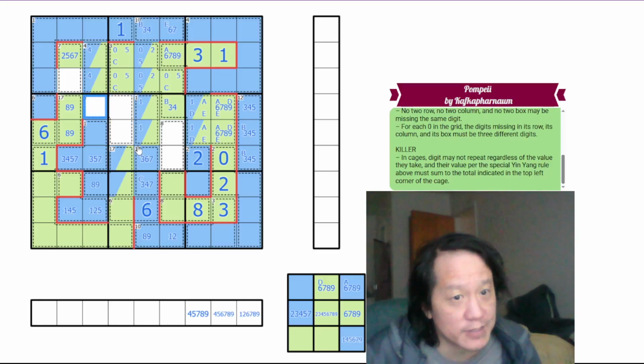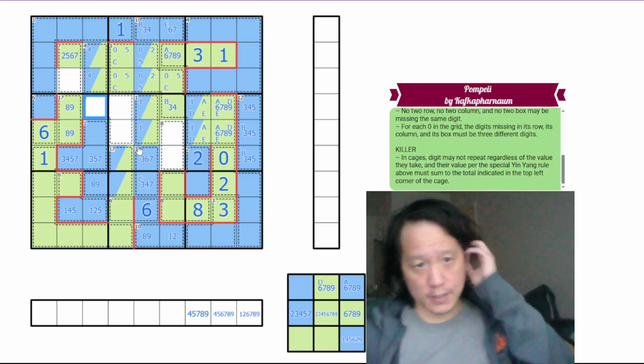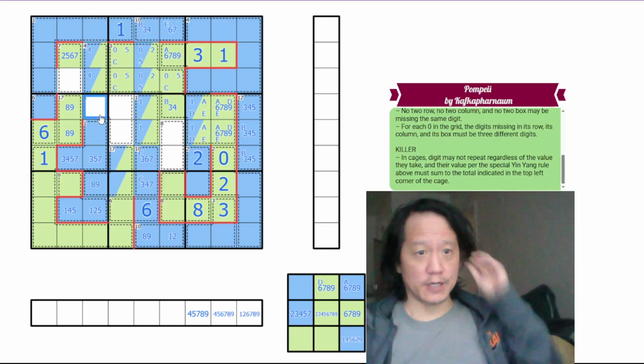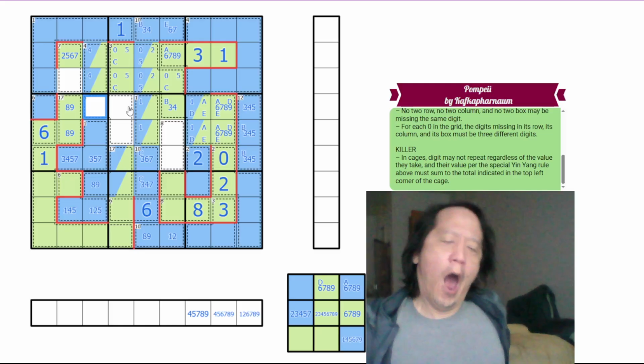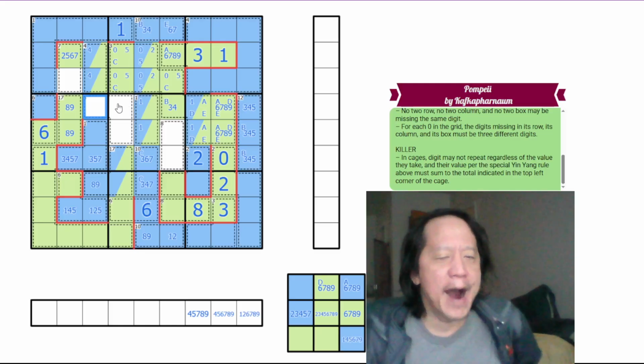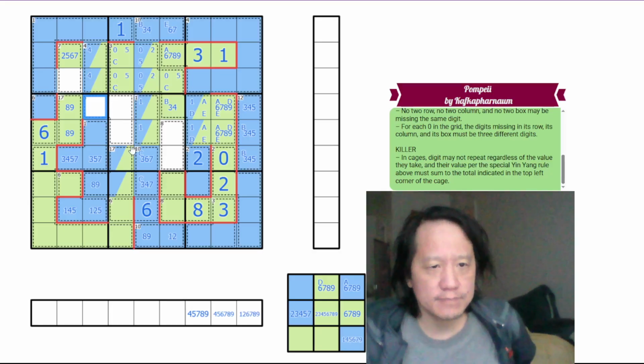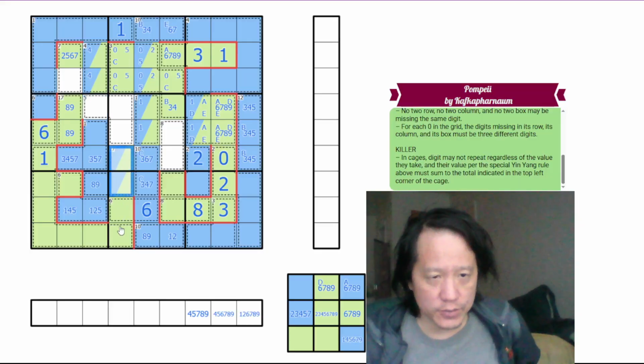I mean, that seems possible. What if this is green? Then this could be 5. Okay, this is blocked off. So either this is blue or this is blue, right?